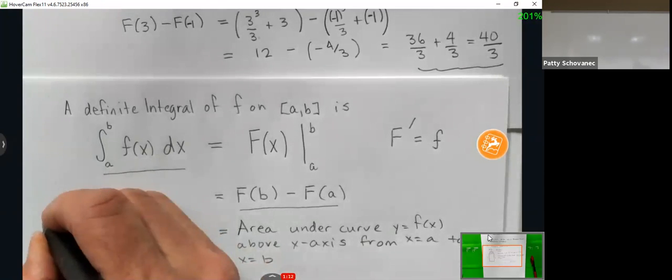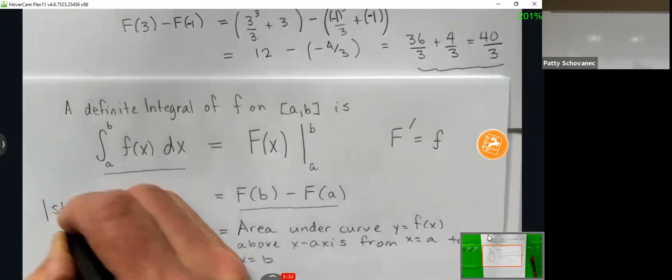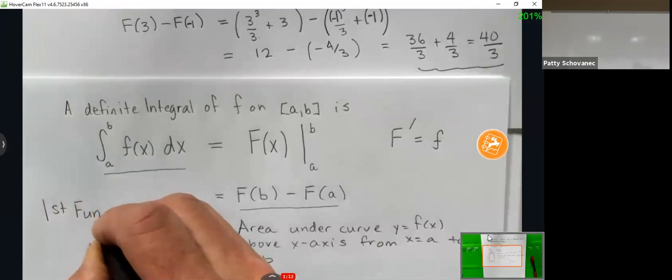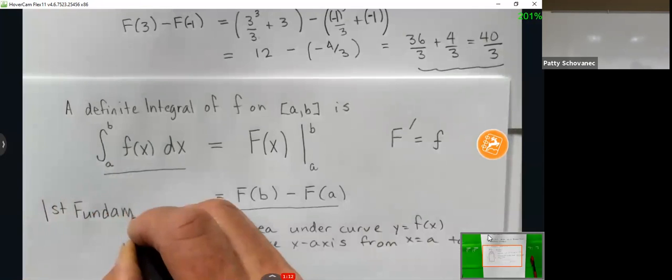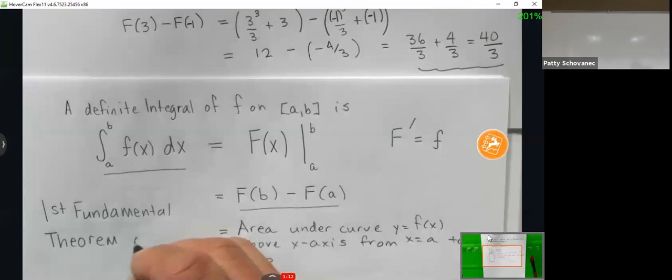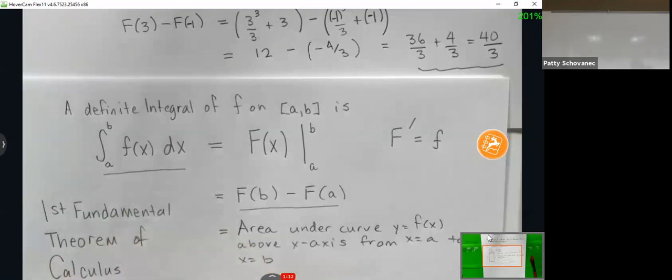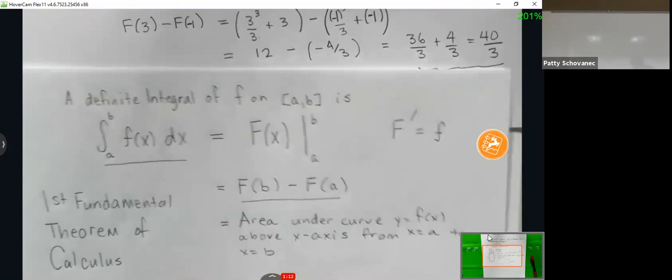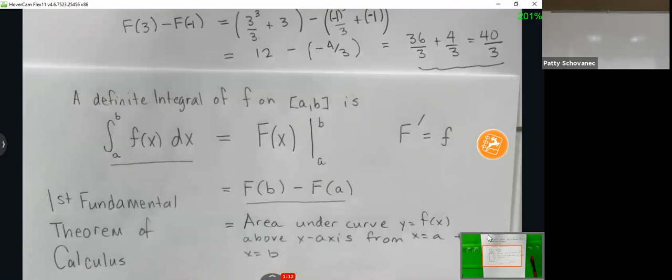And it's going to be called the first fundamental theorem of calculus. My gosh, if it's fundamental, you ought to know it. It says to compute a definite integral, you find an antiderivative, and then you find the difference in the values of the antiderivative at each endpoint.